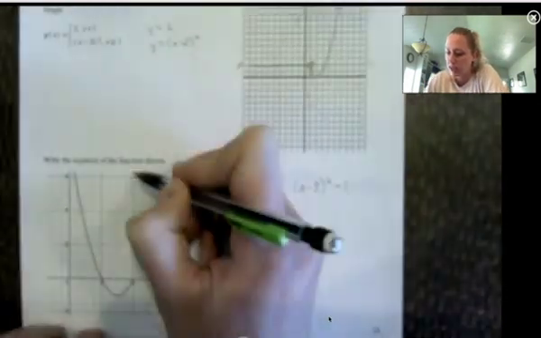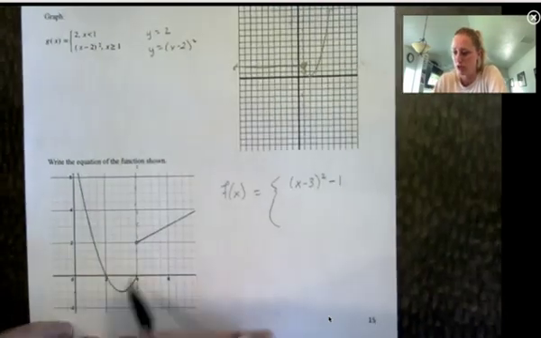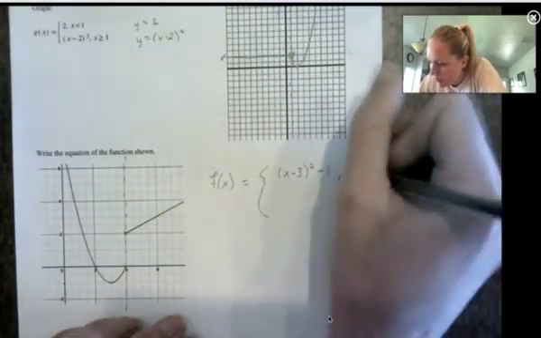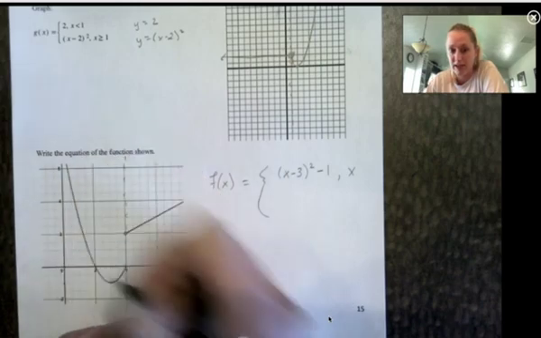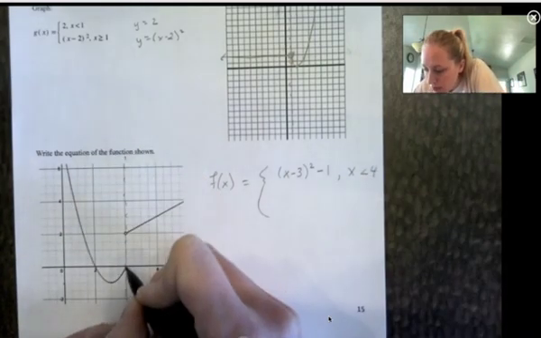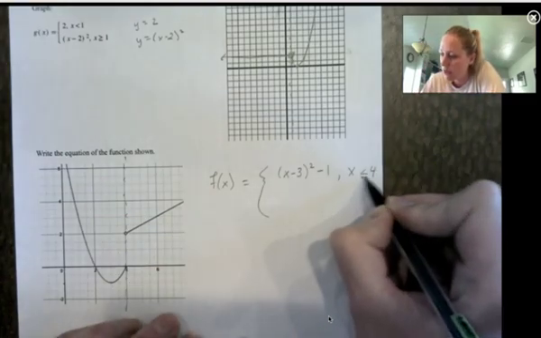Now it looks like that, kind of where the break in the action is right here, where it changes from the quadratic to the line, and that happens at x equals 4. So my restriction, it follows the quadratic everywhere to the left, so it's less than 4, and there is a point right here on the end of 4 that's a closed circle, so we are going to do or equal to.